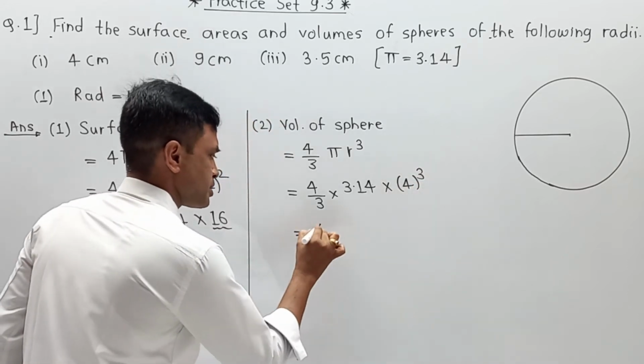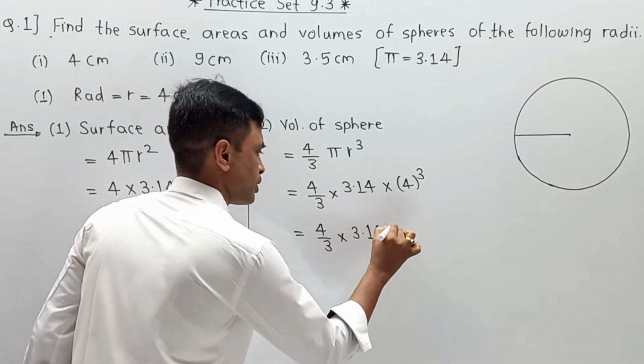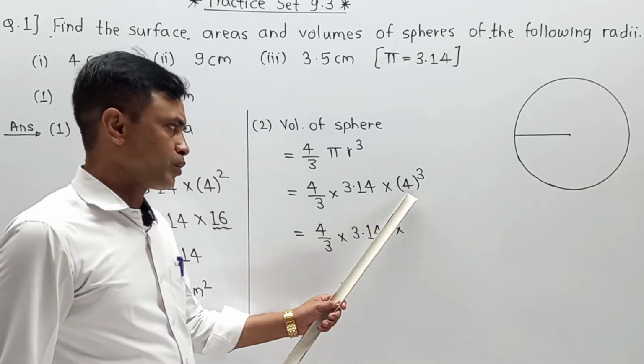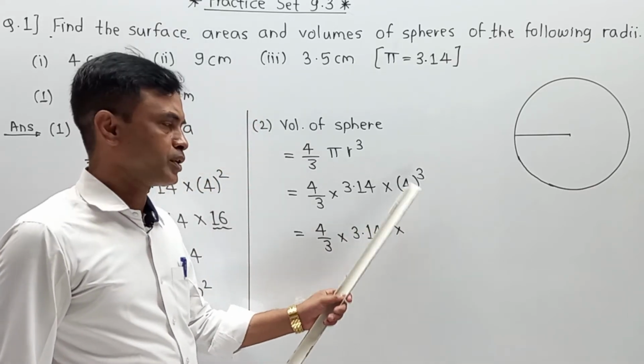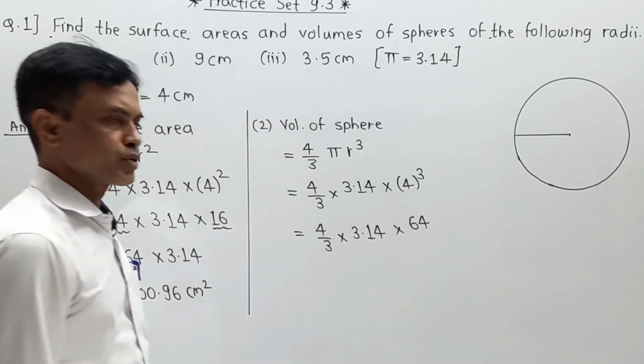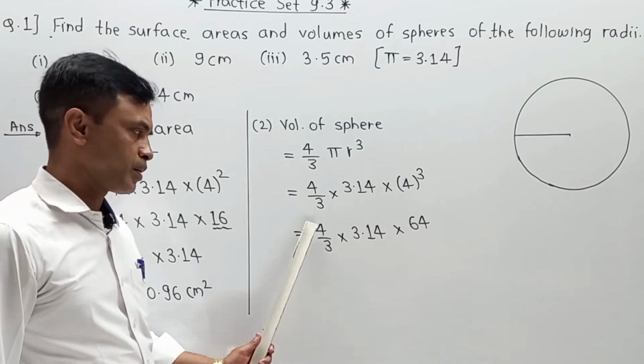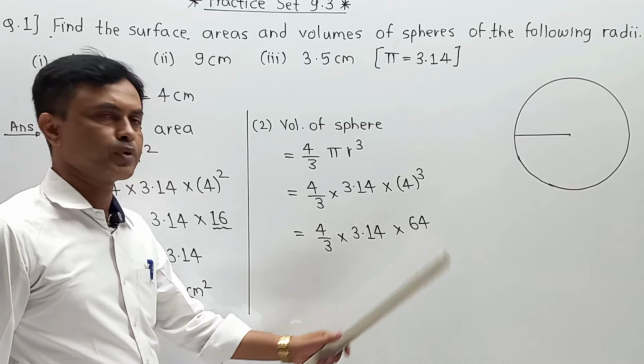Now the simplification is 4 upon 3 into 3.14 into 4 cube. So 4 into 4 is 16 and 16 into 4 is 64. So it becomes 4 upon 3 into 3.14 into 64.